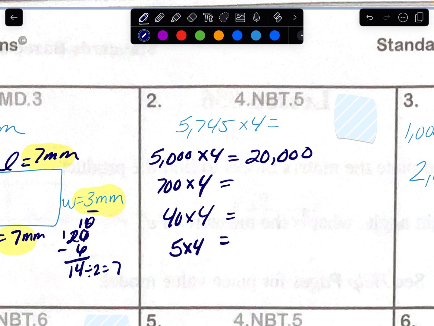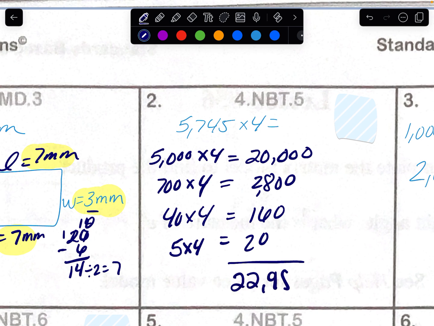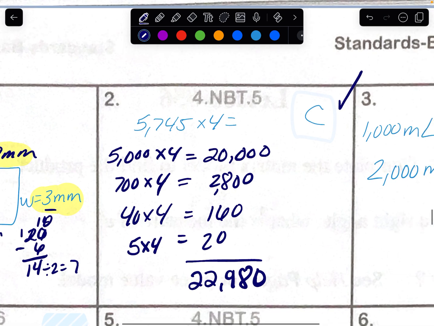Whichever one that you want, as long as it gets you the answer. Right, so we're going to have here 22,980 as an answer, as a product. And your first mystery letter is C. Make sure you give yourself a check for that.